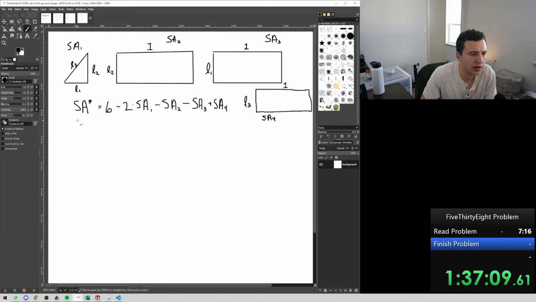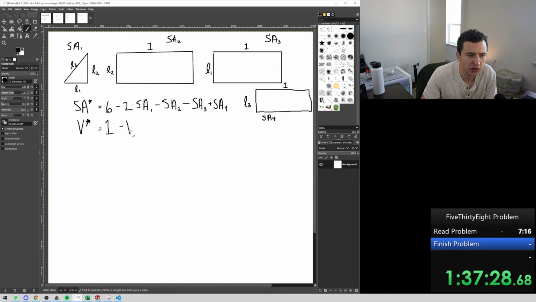Nice. Volume star is equal to 1 minus the area of this triangle times 1.